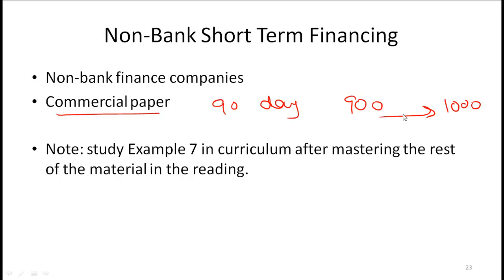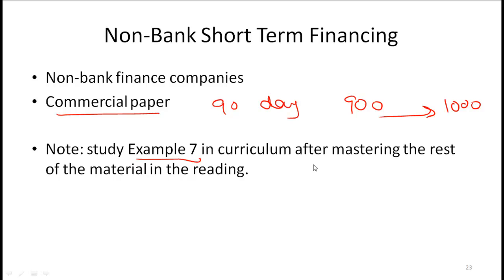Now, if you've understood all these points and you are feeling brave, I'd suggest that you look at example 7 in the curriculum, because that gives you a few numerical examples of dealing with different kinds of funding sources.